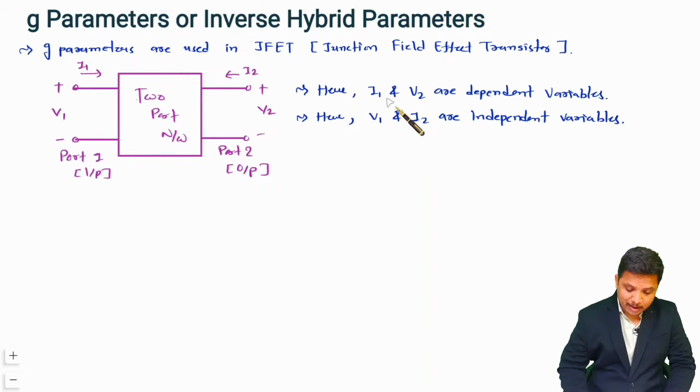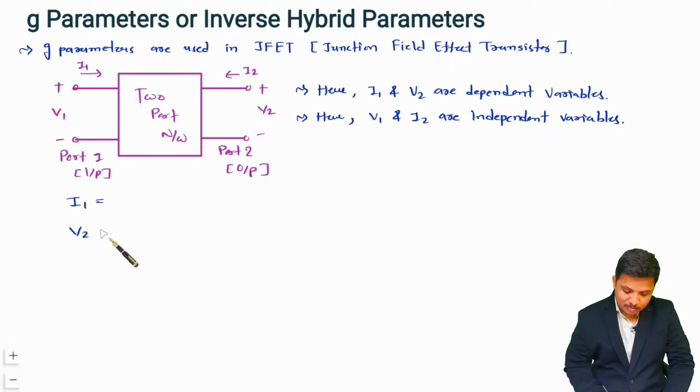When you write the equations of the G parameter, they are based on I1 and V2, which are the dependent variables, and V1 and I2, which are the independent variables. I1 depends on V1 and I2.